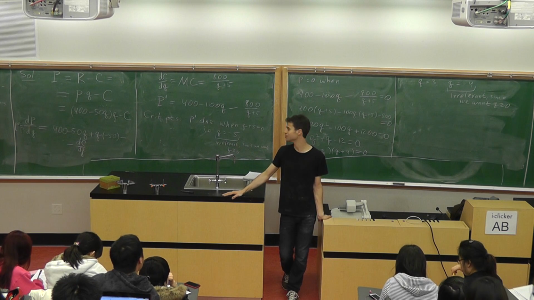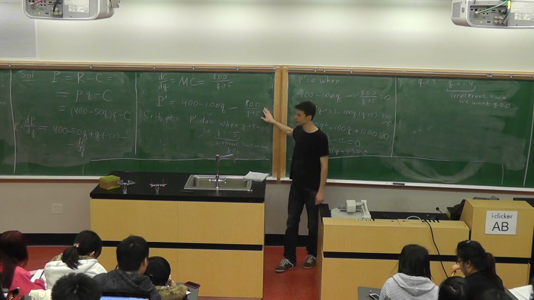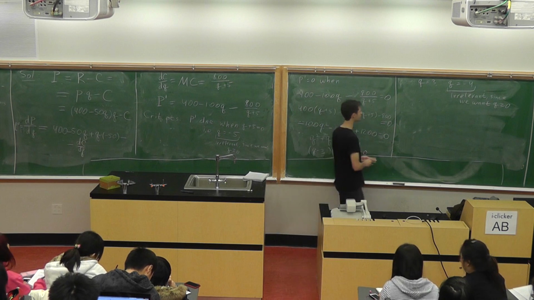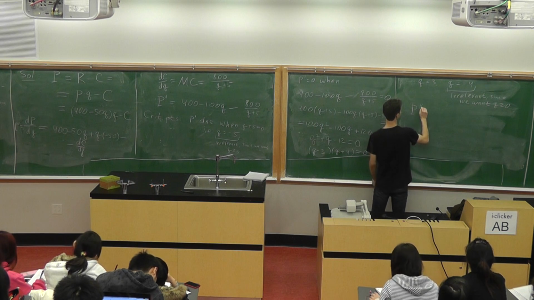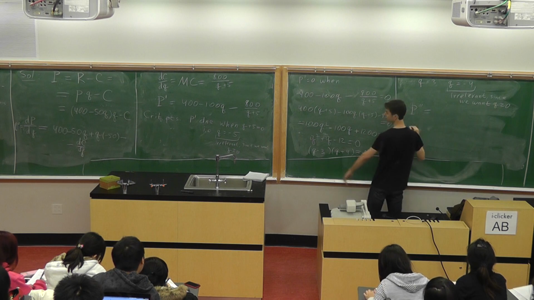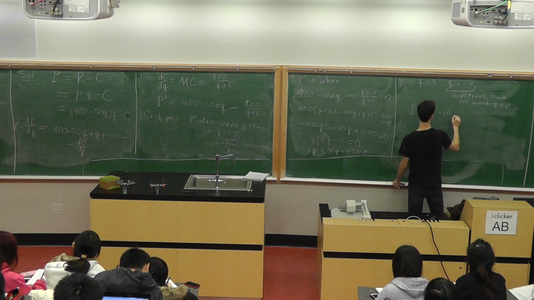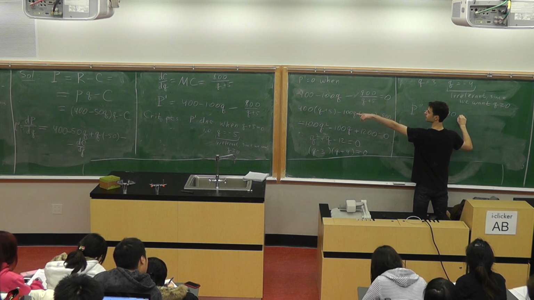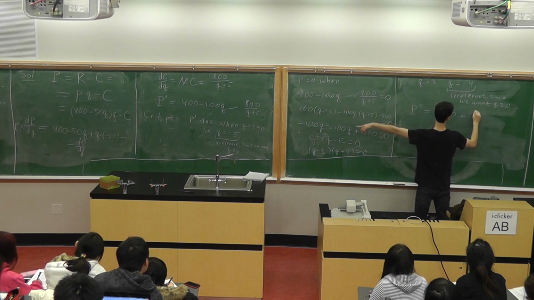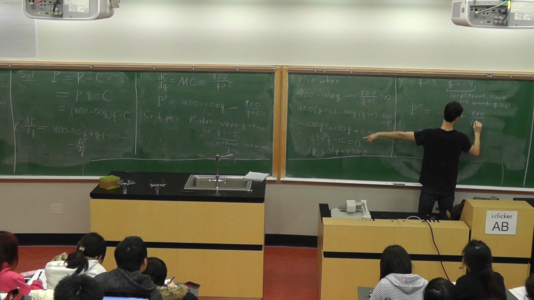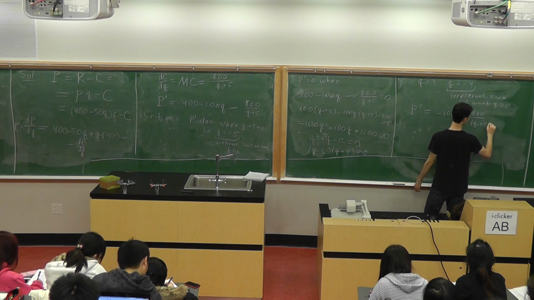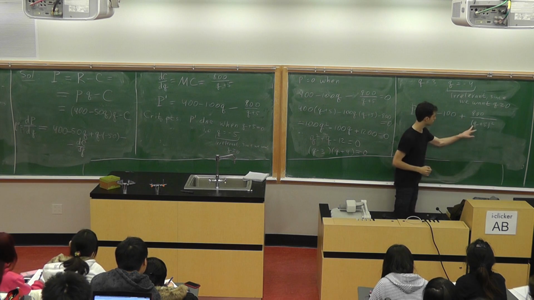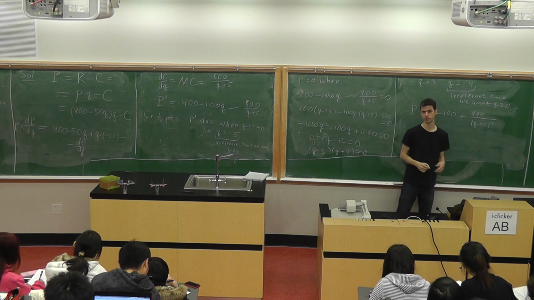Well, let's find the second derivative. The function, once again, is not very complicated. So let's find the second derivative. Minus 100, it will be plus 800 divided by (Q plus 5) squared, multiplied by the derivative of Q plus 5, which is 1.